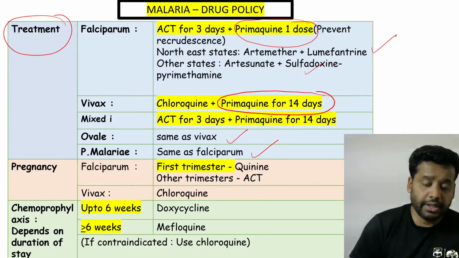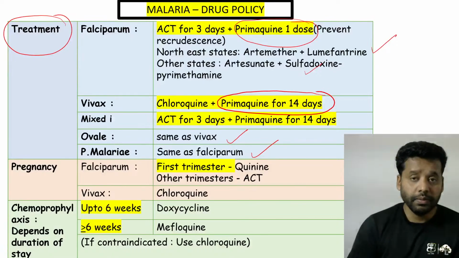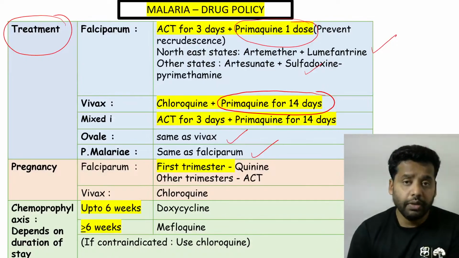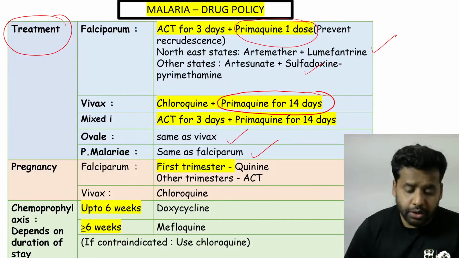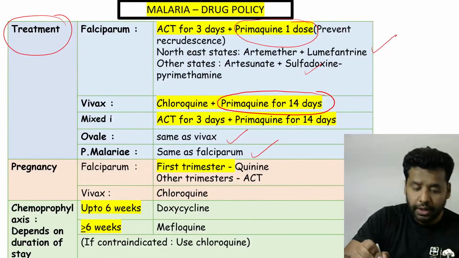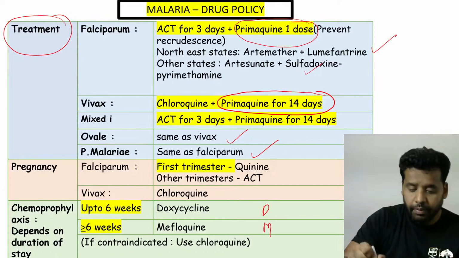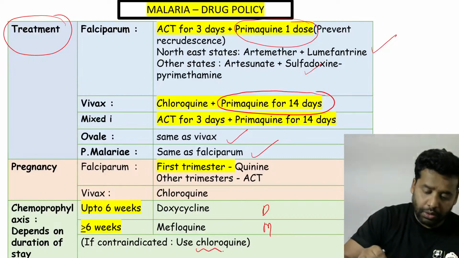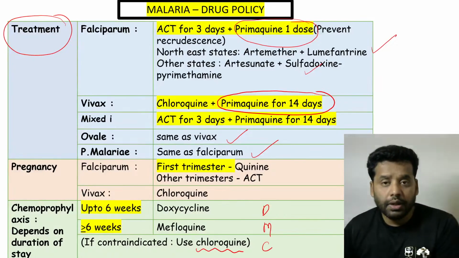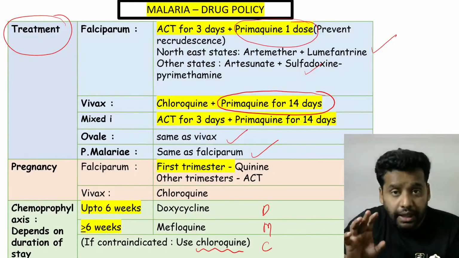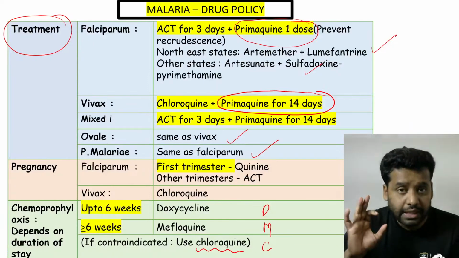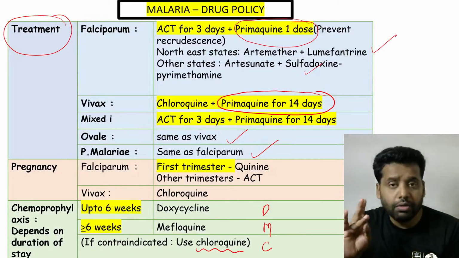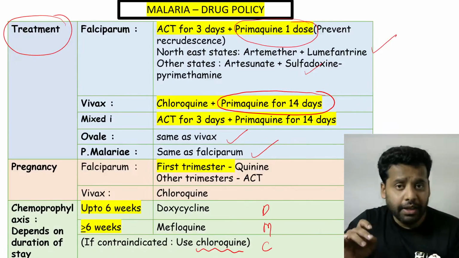Got my point? So what are the two drugs used? D, M. In case there is any contraindication, use chloroquine. C. DMC for chemoprophylaxis, Delhi Medical Council. Doxy, mefloquine, chloroquine, Delhi Medical Council.